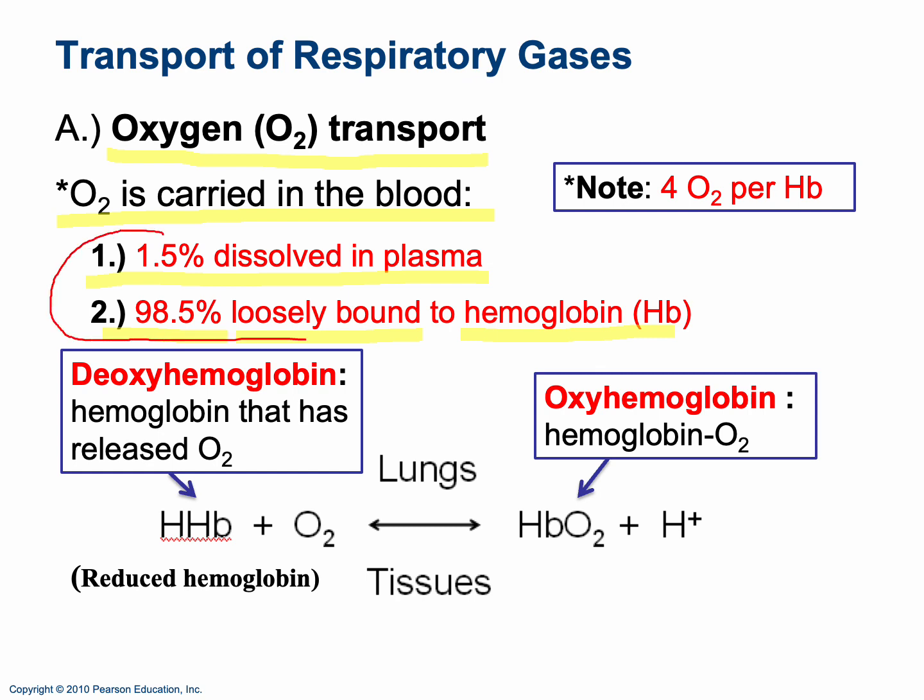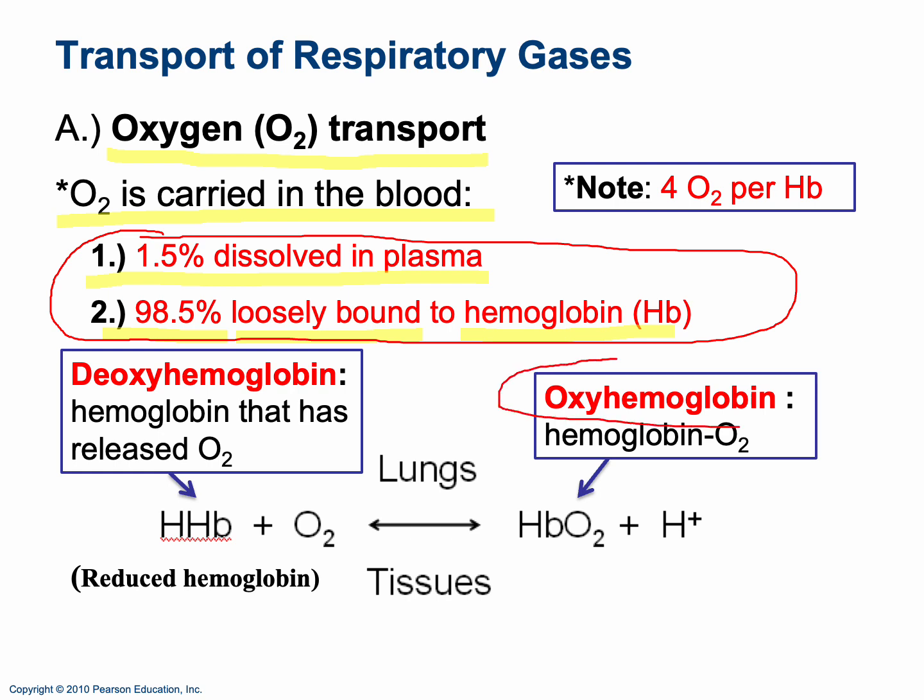So these two right here. Definitely important to know those two major methods on how oxygen is carried in the blood, and the percentages here, of course. We also have two terms referring to whether the oxygen is bound to the hemoglobin or not. Oxyhemoglobin refers to the oxygen still being bound to hemoglobin.